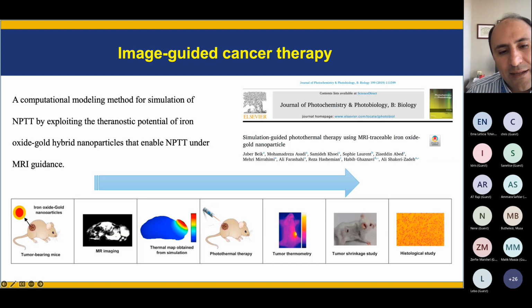Using MATLAB and COMSOL Multiphysics software, we can do simulation, and we can optimize the treatment session, and then we verify the simulation, and then we follow up the animals after treatment, and we saw that with this kind of simulation-guided photothermal therapy using MRI and MRI-traceable iron oxide nanoparticles, we can guide the therapeutic session.